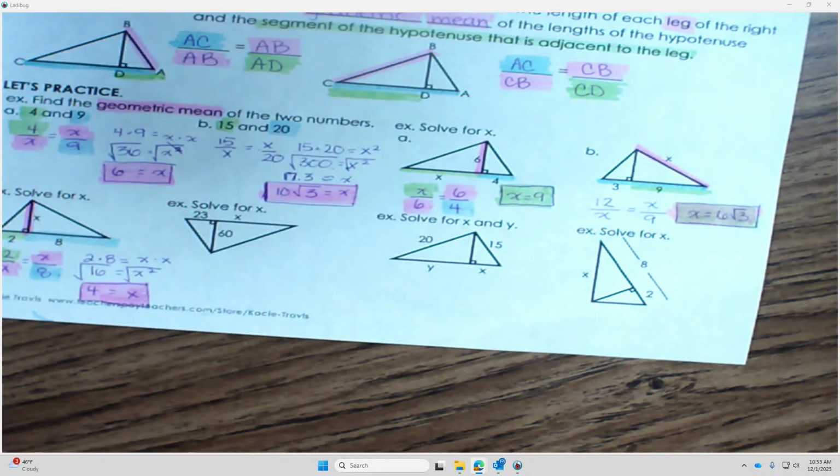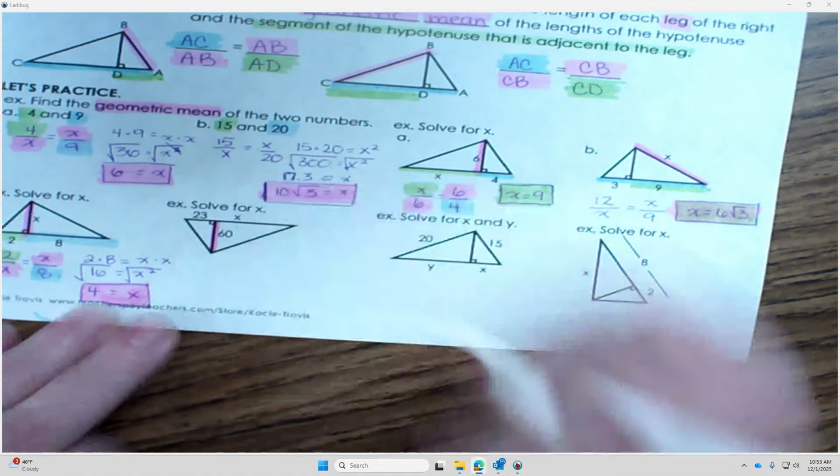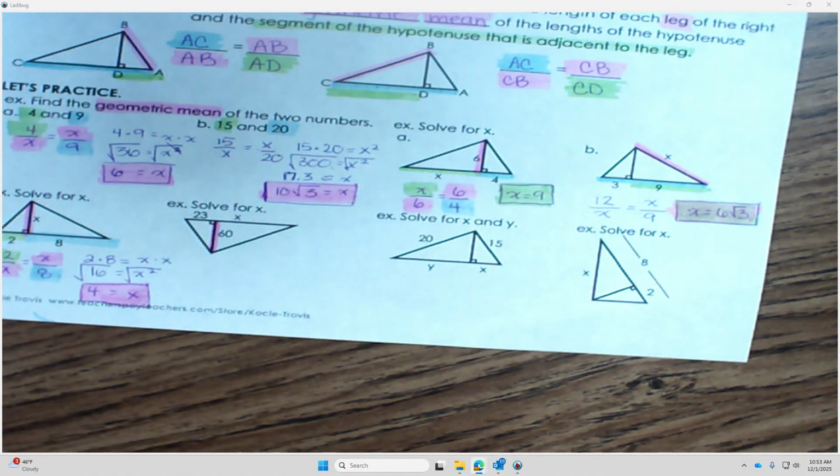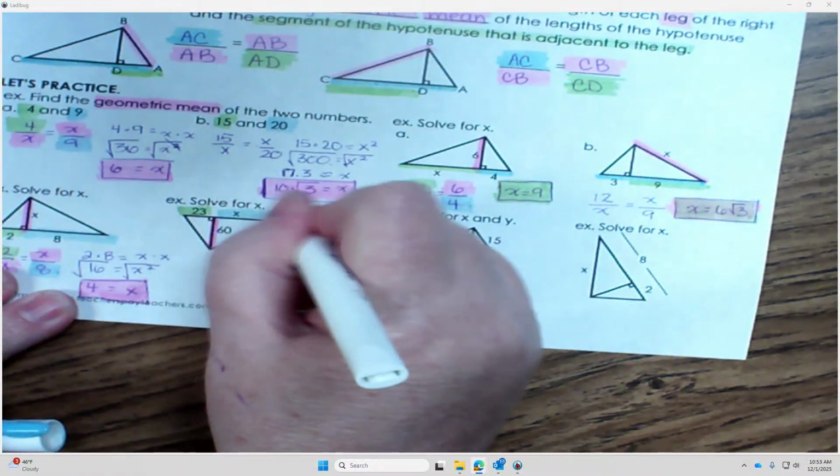Looking at this next one, do I have a leg or an altitude? I have that middle number right there. So that's my altitude. And then once again, we've got the part of the hypotenuse compared to the part of the hypotenuse.